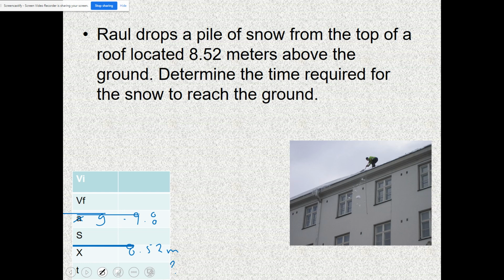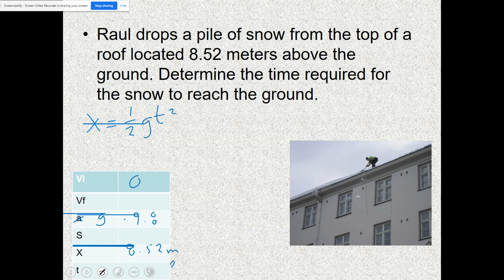So we take a look at what we're going to use. We got gravity, we got distance, we have time. Looks like we're using the master equation, okay? And it looks like the initial velocity is 0. So the master equation is 1/2, and instead of a, I'm going to put g because it's accelerating downward. So I want to solve for t.